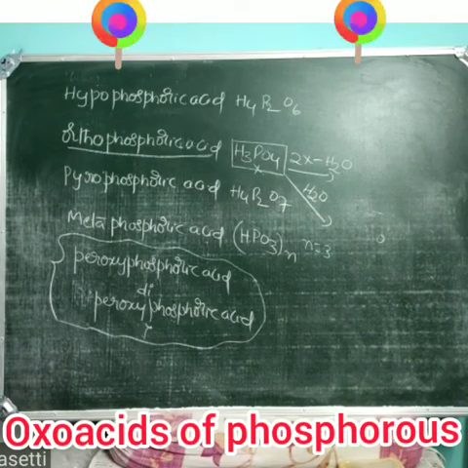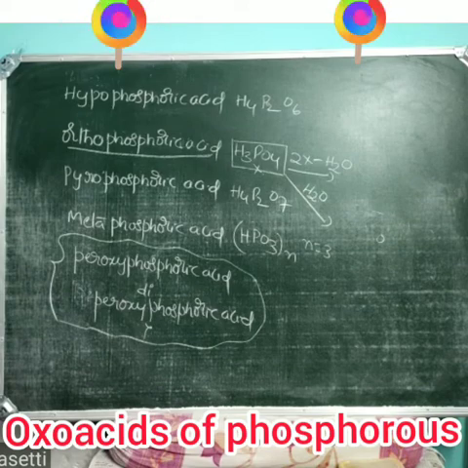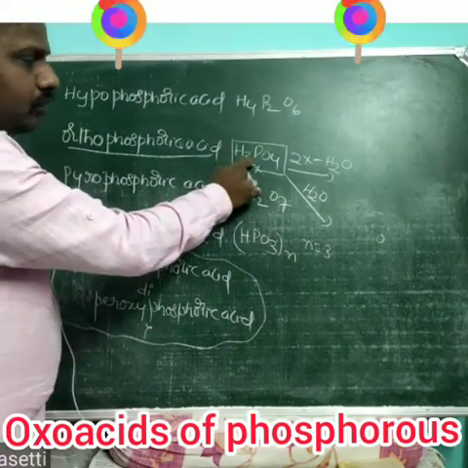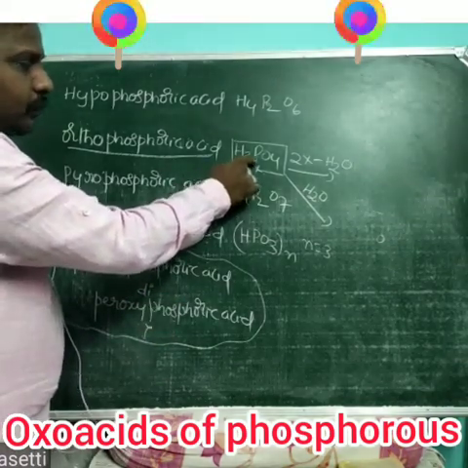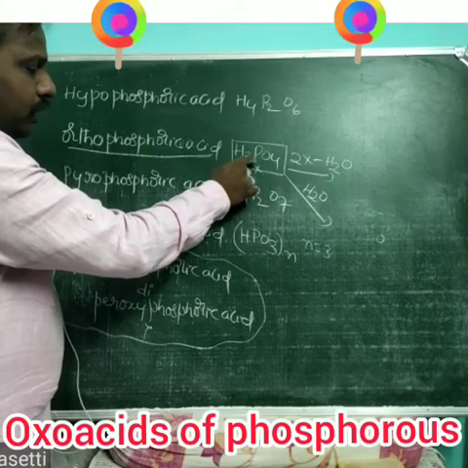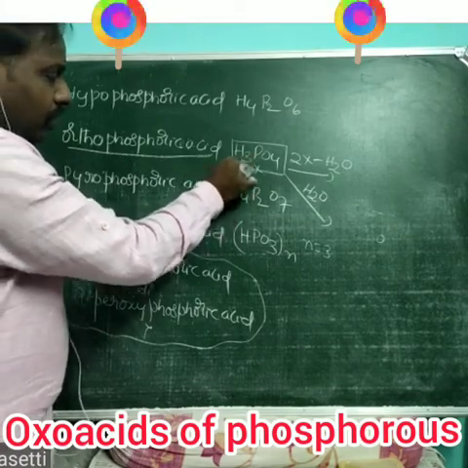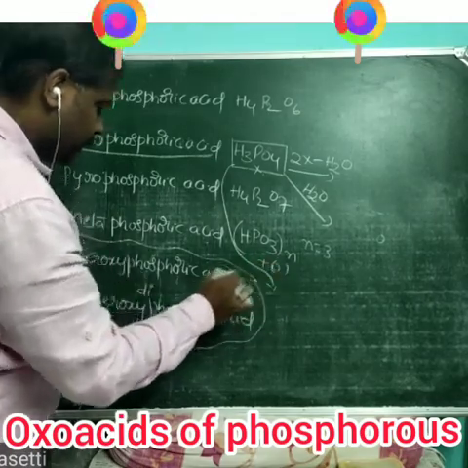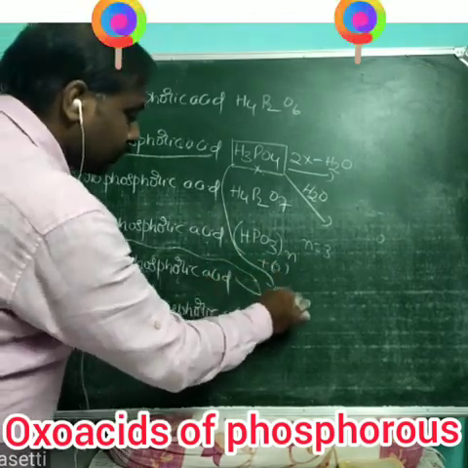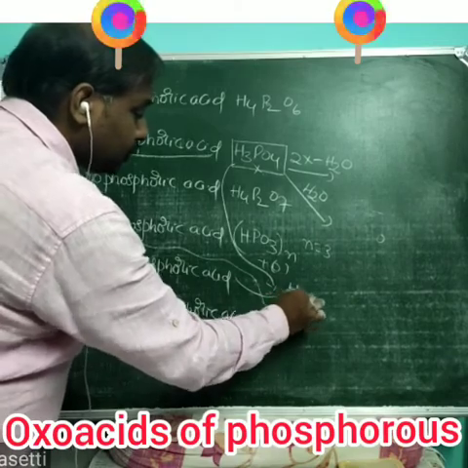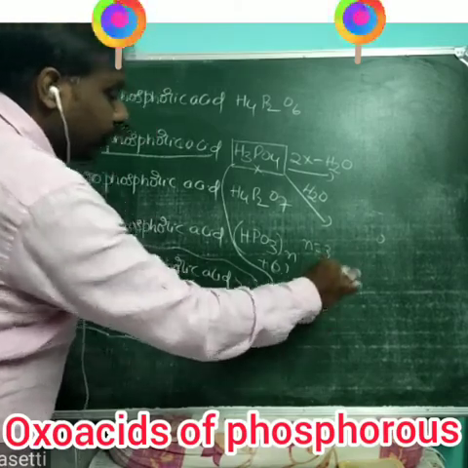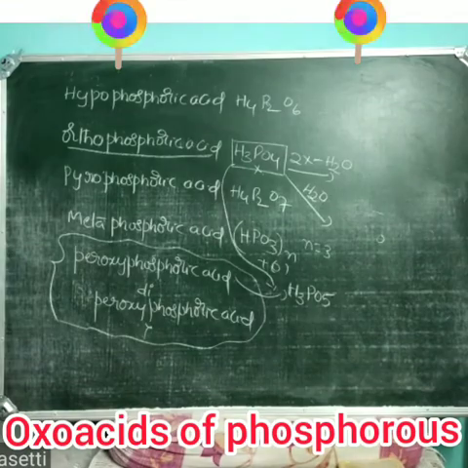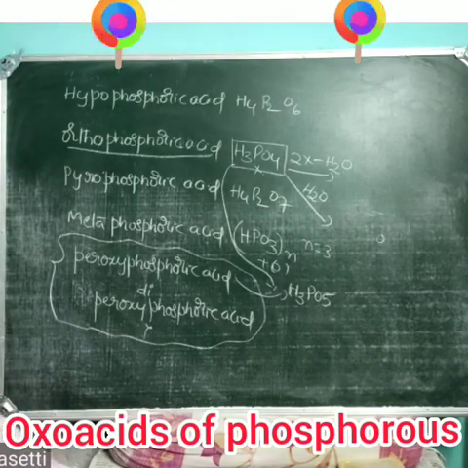So that is about metaphosphoric acid. And peroxyphosphoric acid. For this H3PO4, orthophosphoric acid, add 1 oxygen. Then you will get peroxyphosphoric acid, that is H3PO5. Peroxyphosphoric acid is obtained by adding 1 oxygen.